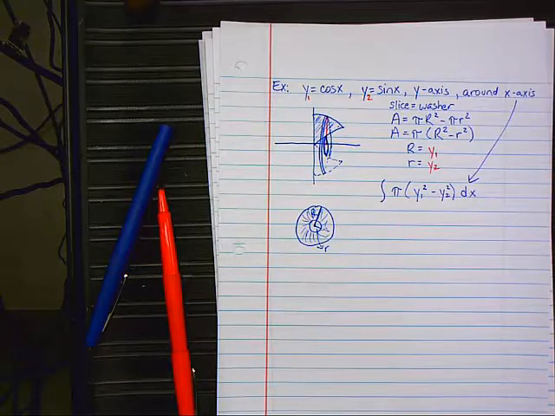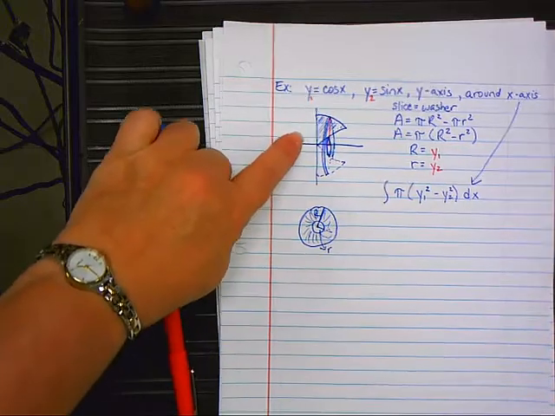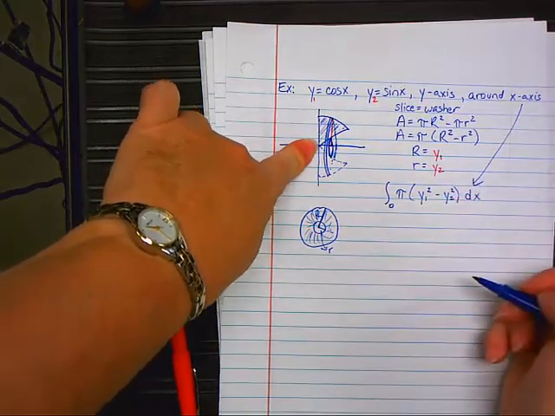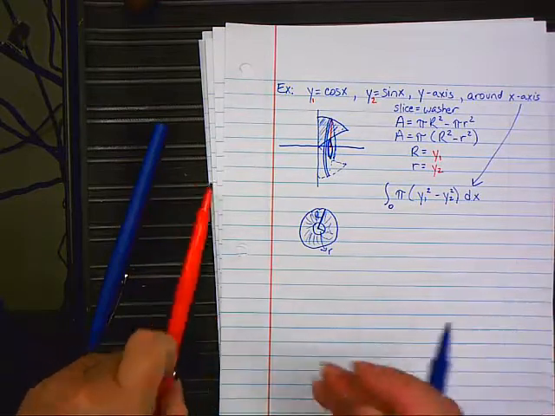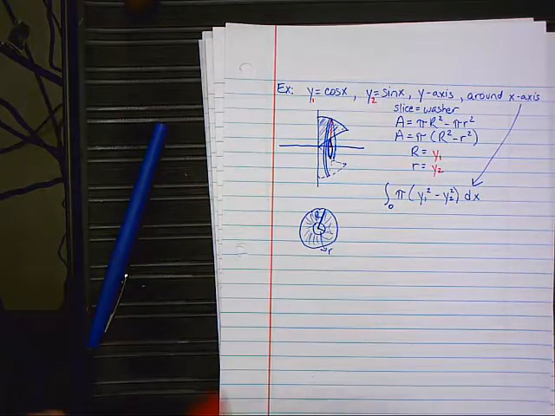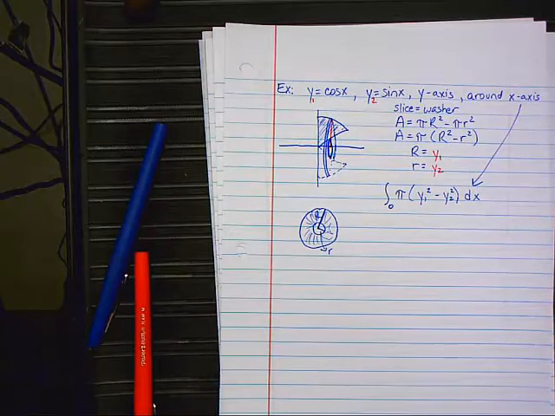Okay, limits of integration. 0. Y'all agree we start at 0? Trace the intersection. Well, actually, you can do this without a calculator. I'm going to pretend like we don't have a calculator. I want you to think unit circle. At what angle are the cosine and sine the same number? 45 degrees, right?